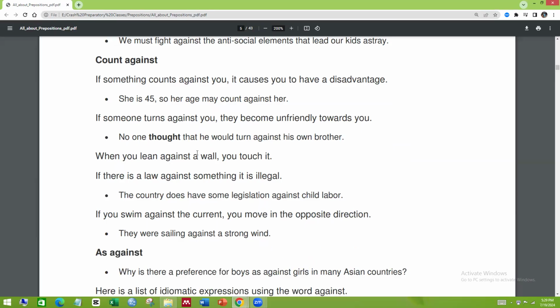When you lean against a wall, you touch it. If there is a law against something, it is illegal. The country does have some legislation against child labor. So here you understood that the meaning of against is that something is illegal. So these are different variations of the word against as a preposition.